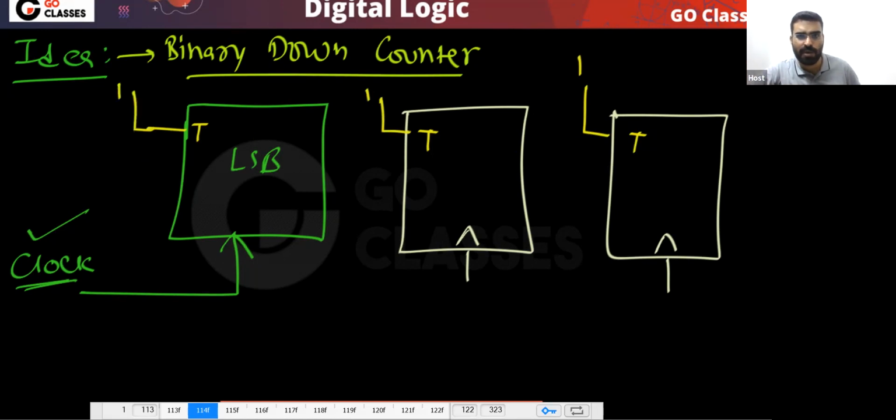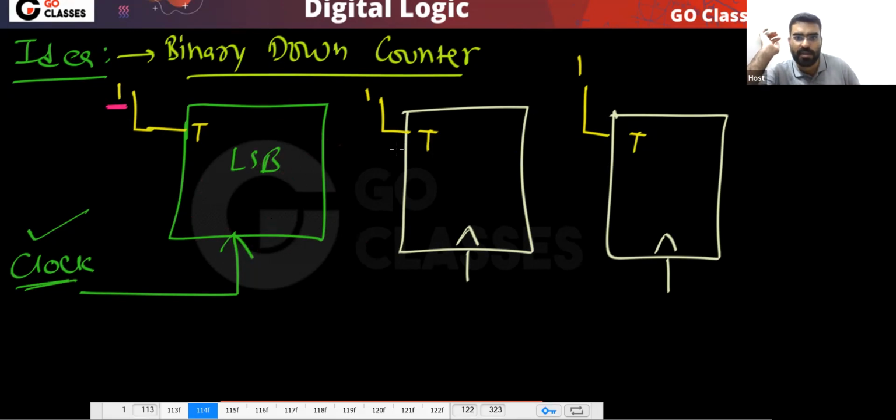They will toggle. The interesting thing is this LSB will toggle in every cycle because T is connected to 1. Yes or no? Correct?